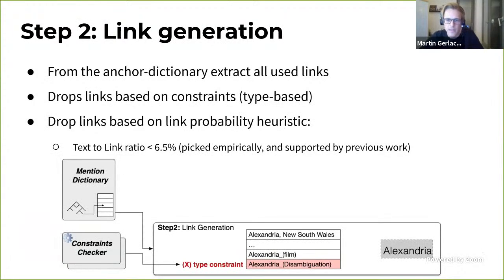In the next step, we want to generate links. Once we have identified a mention in the text, we simply take all candidates from our anchor dictionary. We remove certain types of links, for example, to disambiguation pages, and we also apply a bunch of other heuristics to filter these link candidates.